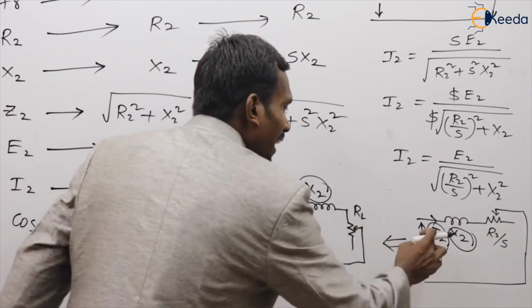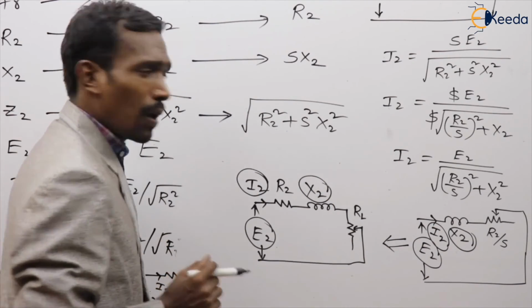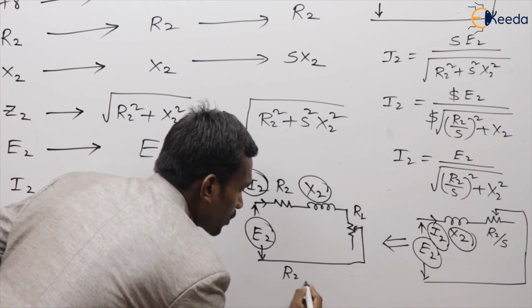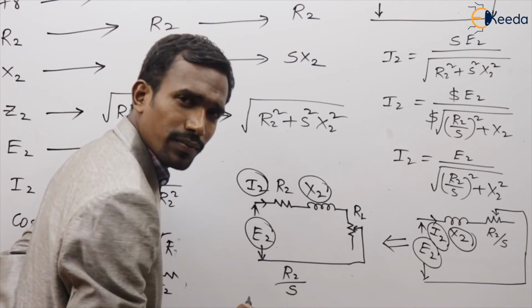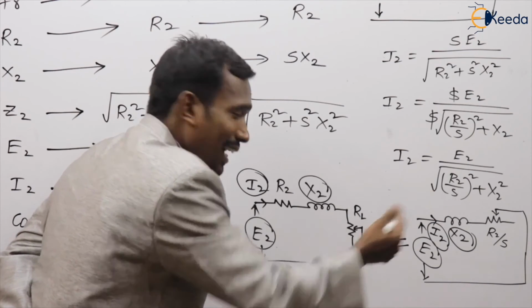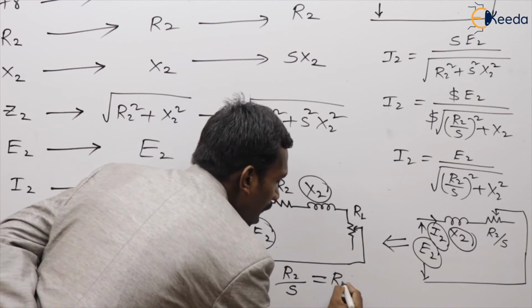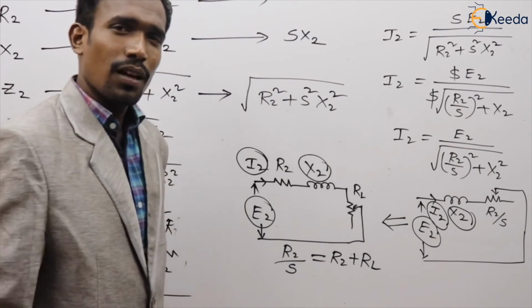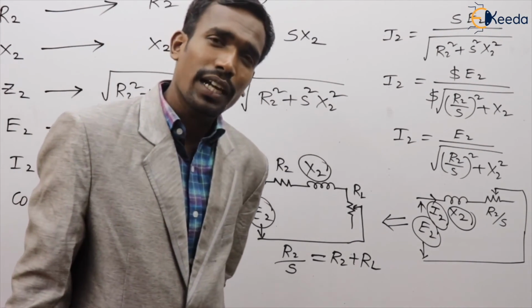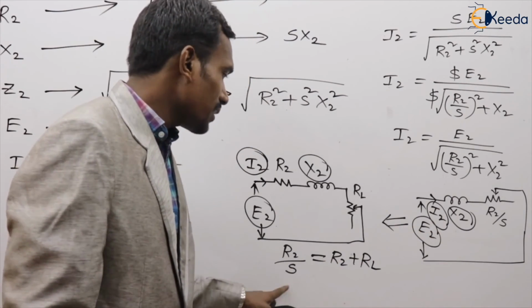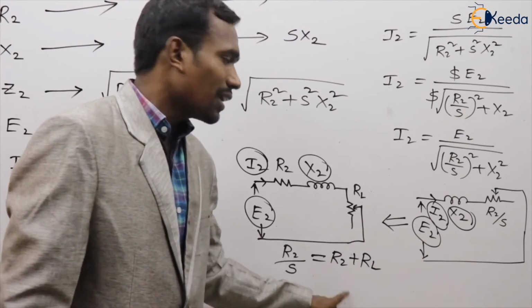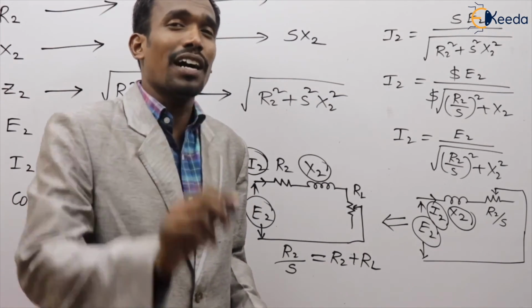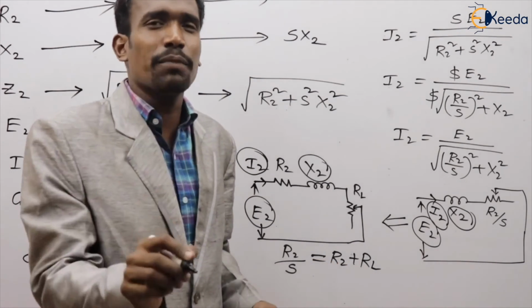If both are equal, then R2 by S is equal to R2 plus RL. To get both equal, R2 by S is equal to R2 plus RL. This is very, very important.